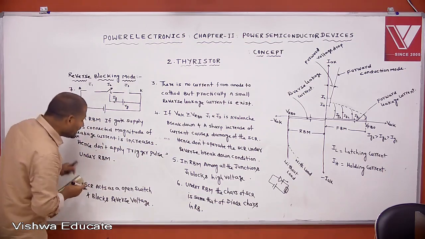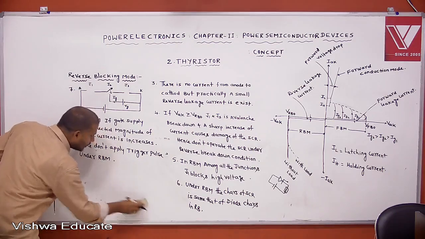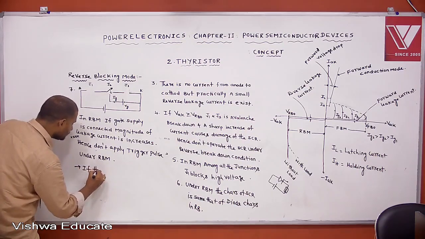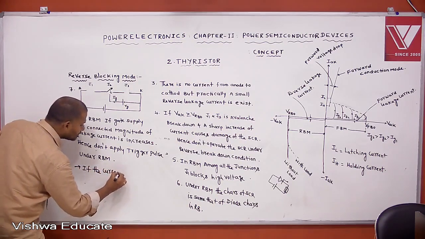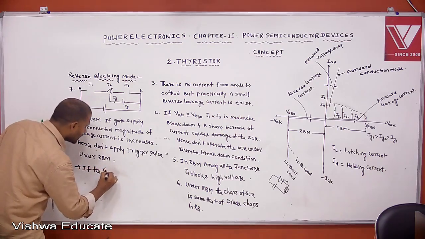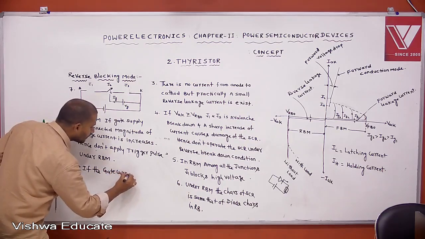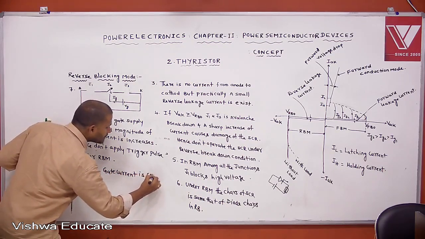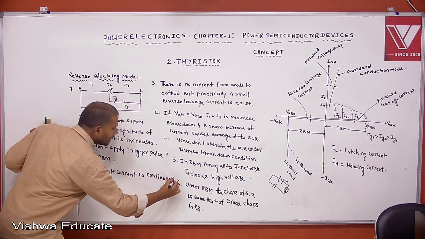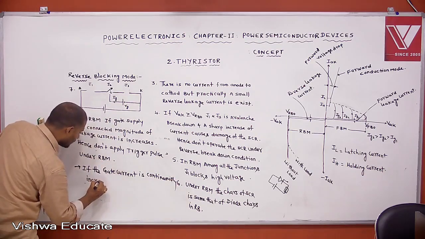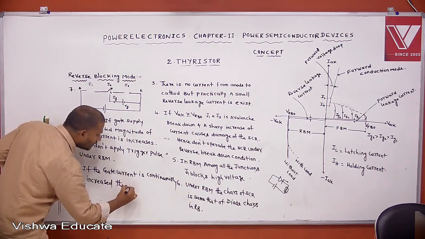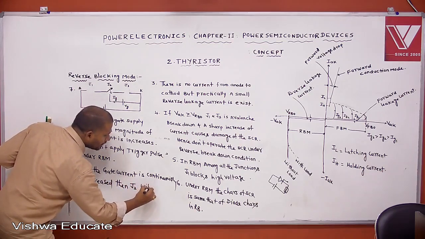If the gate current is continuously increased during reverse blocking mode, then J2 will be damaged.